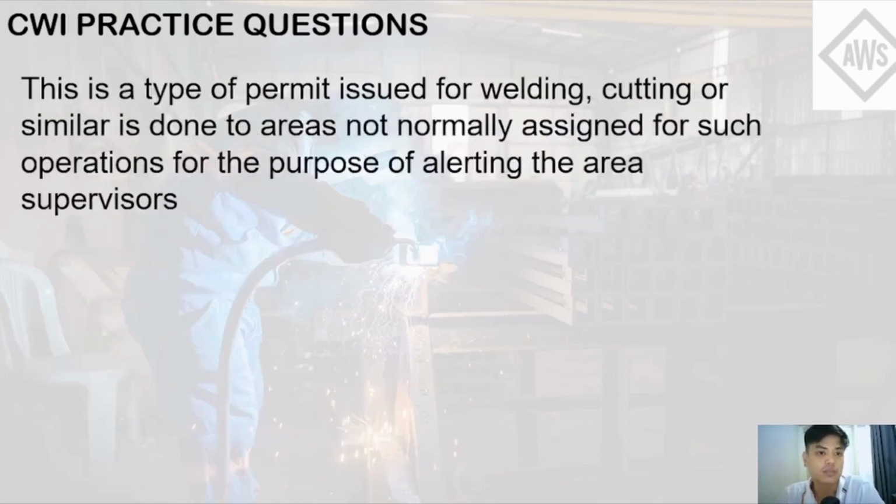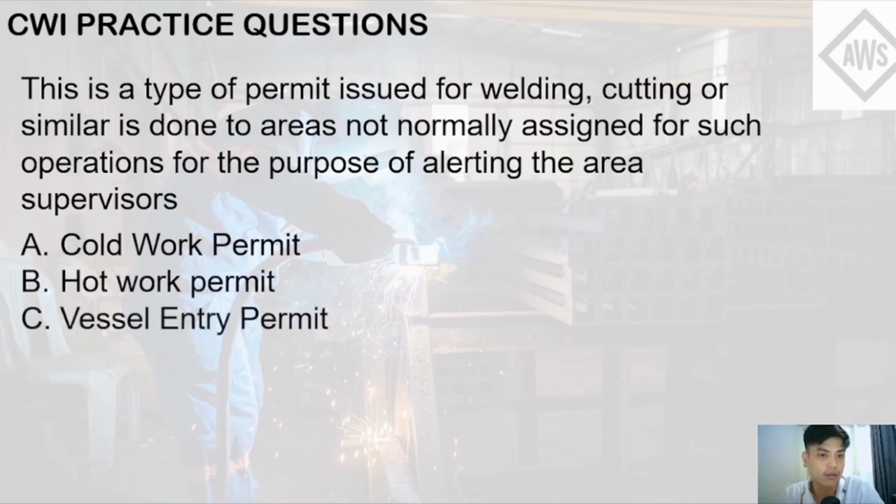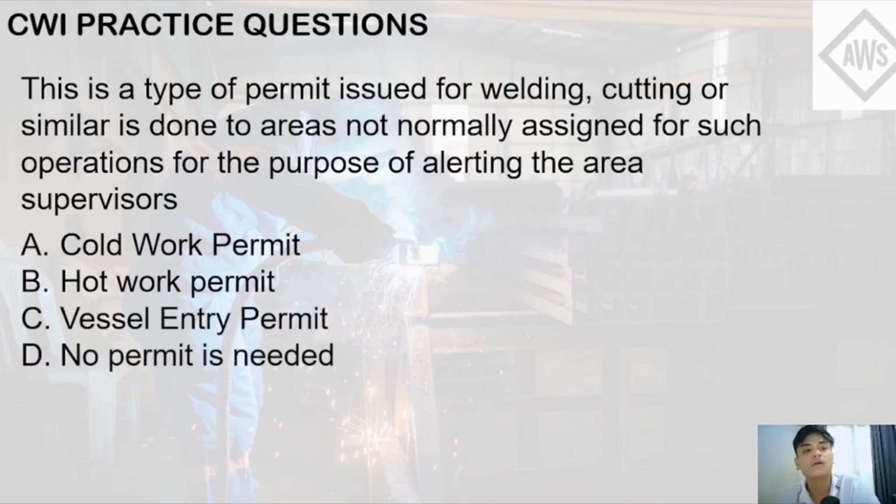Next question. This is a type of permit used when welding, cutting, or similar activity is done in areas not normally assigned for such operations, for the purpose of alerting the area supervisors. Letter A, cold work permit, B, hot work permit, C, vessel entry permit, D, no permit is needed.